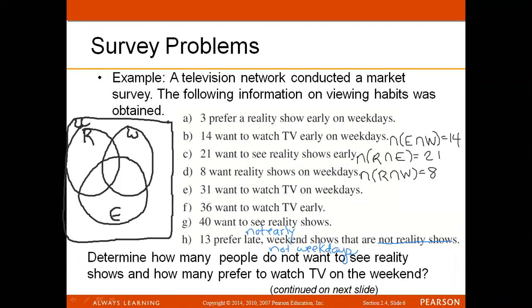All right, let's reread that one then. Reality early weekdays. So the number of people who like reality and early and weekday, that's 3. That's a good clue. Good. Glad we found it.